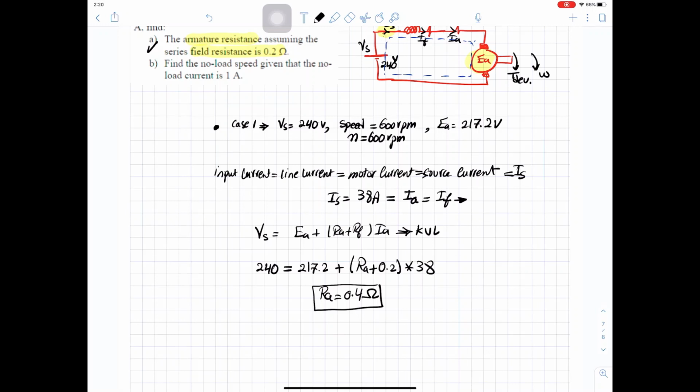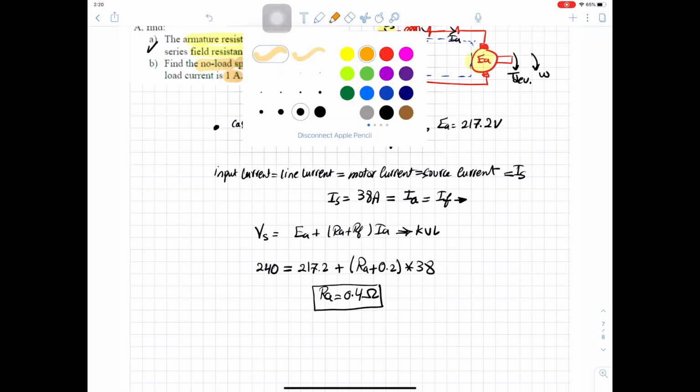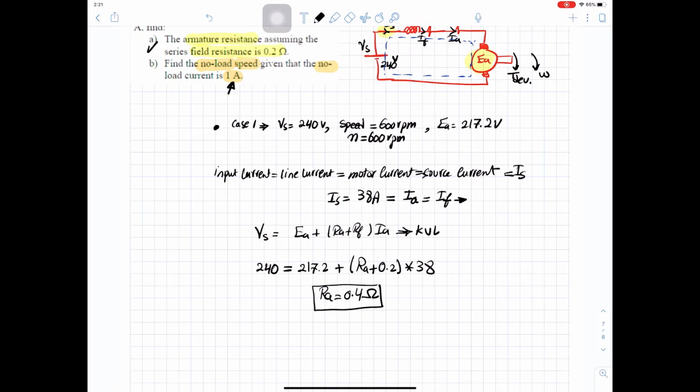Then we need to find the no load speed. Given that the no load current is 1 ampere. Why is the no load current not 0? Because there are mechanical losses.